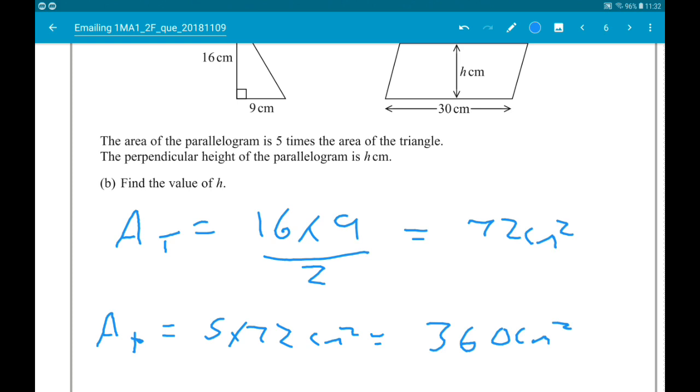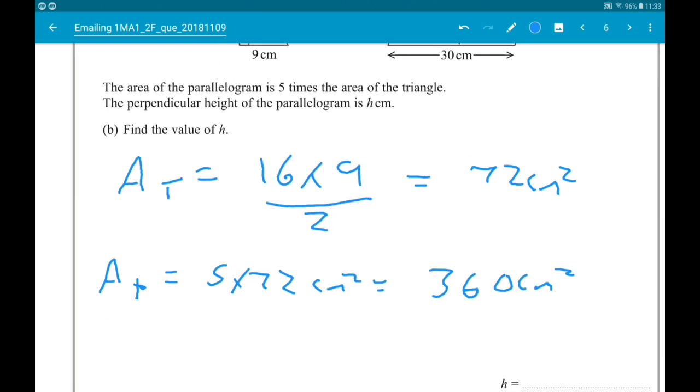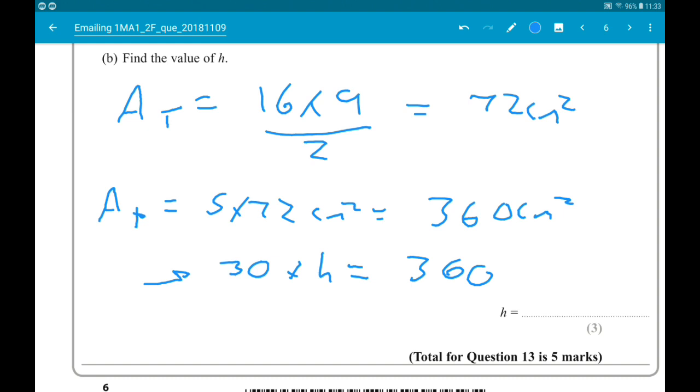So that means then 30 times h. 30 times h then is 360. So we then divide by 30 and we get h is equal to 12.